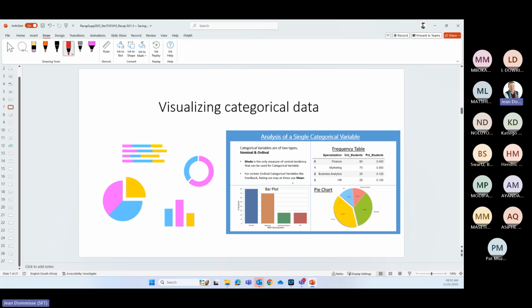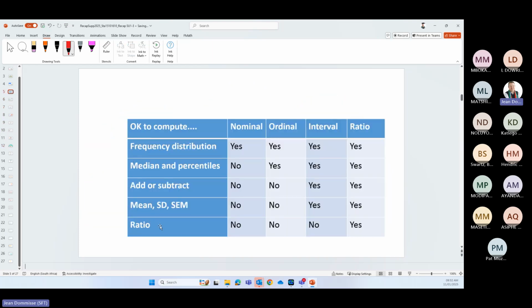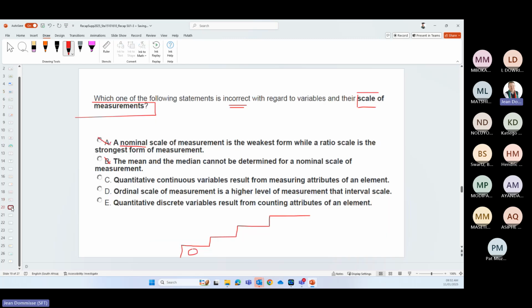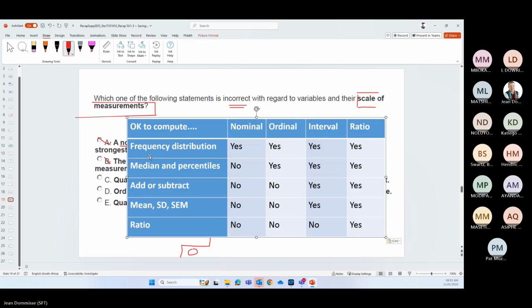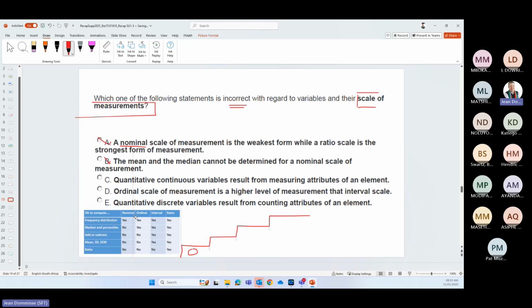So here you could have had that table with you and just used that table. Let's copy it quickly over, and let's see if we cover everything in it. I will make it smaller so that we can put it in here. So the mean and median cannot be determined for nominal, no, it can't, so that's correct.